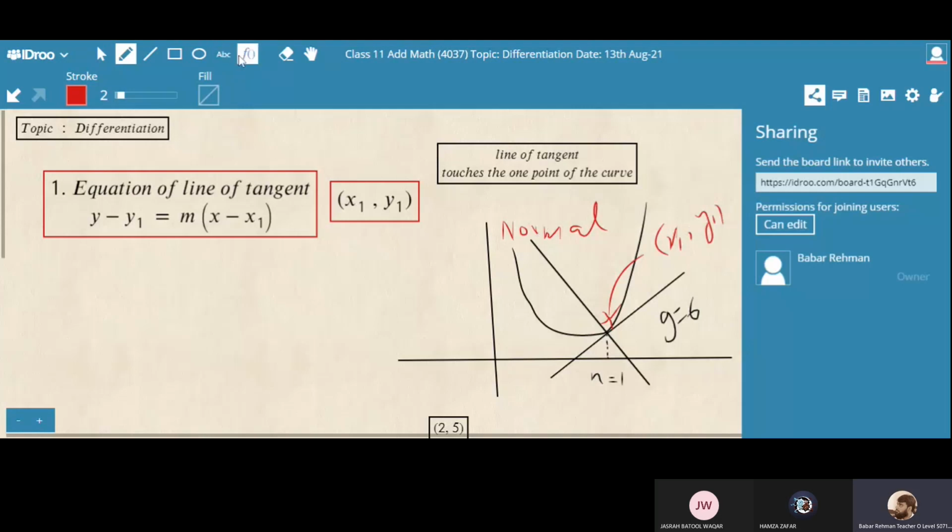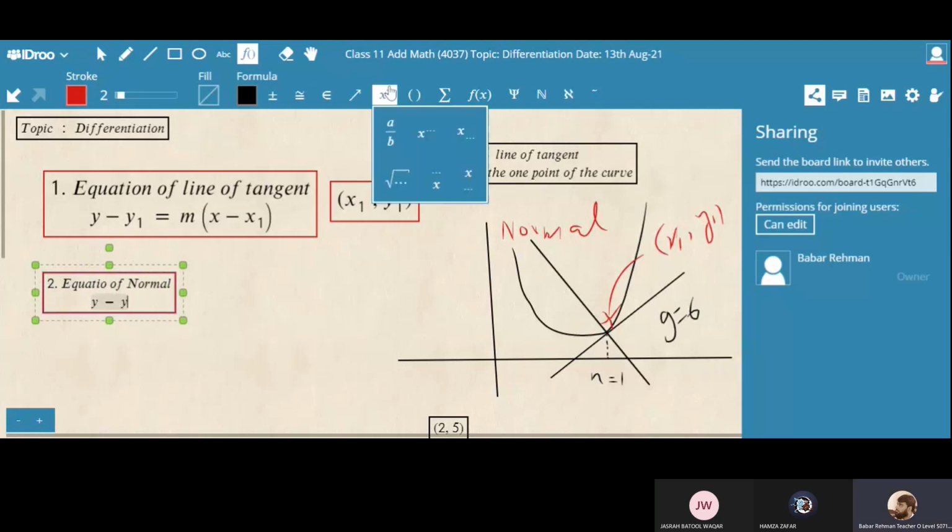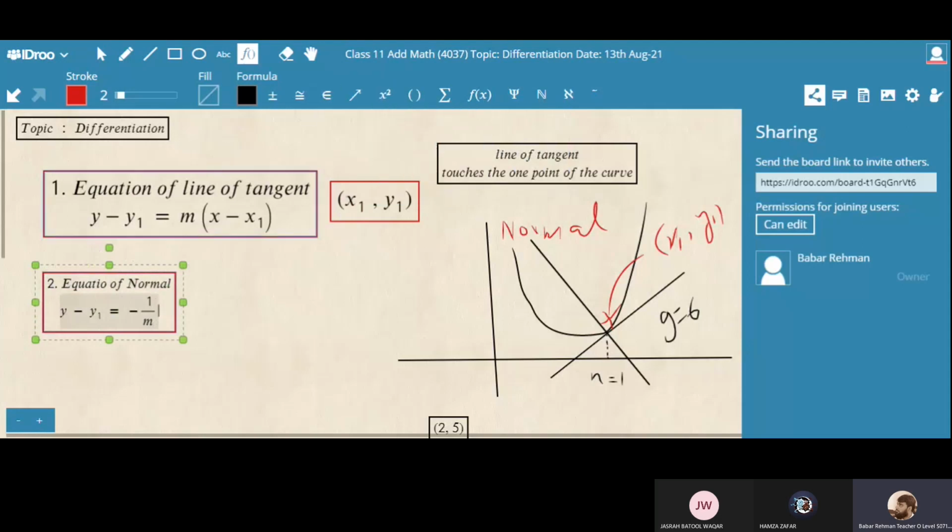Okay, now if I want to find out the equation of normal, how can I do this? Equation of normal: y minus y1. Only one thing is different. It is equal to, now the gradient should be the reciprocal. The gradient of the line of tangent was m.